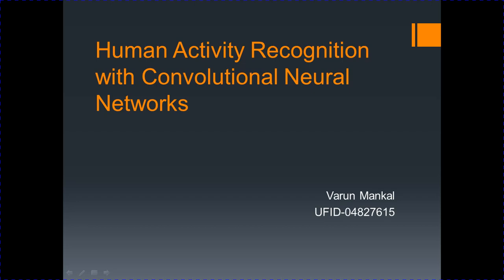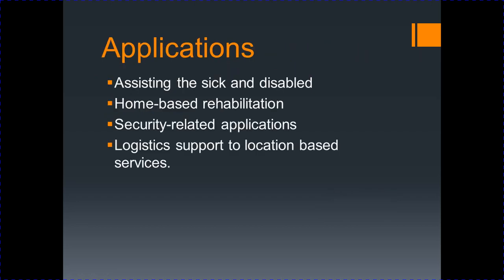So identifying the human activities or the state in which the humans are present is very crucial in ubiquitous computing and in assisting the sick and disabled, home based rehabilitation and security related, like it has many number of applications, from security related applications and logistic support to location based services.